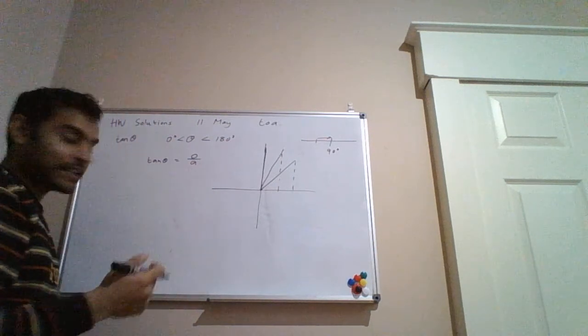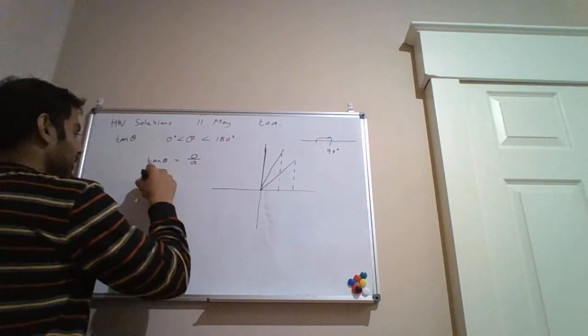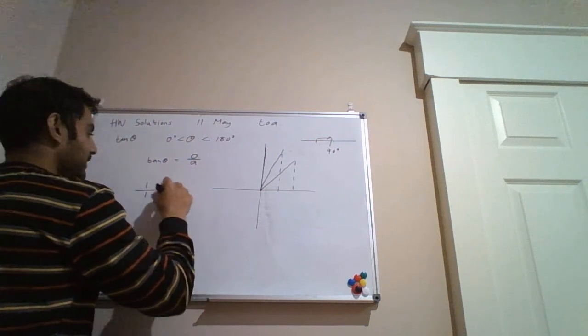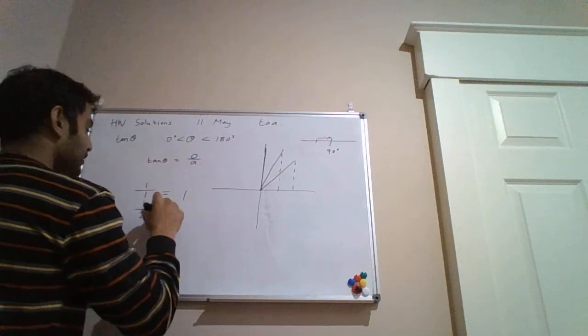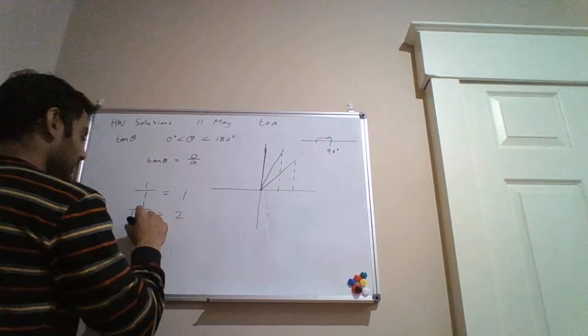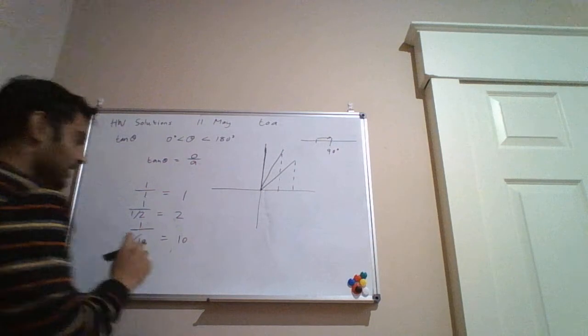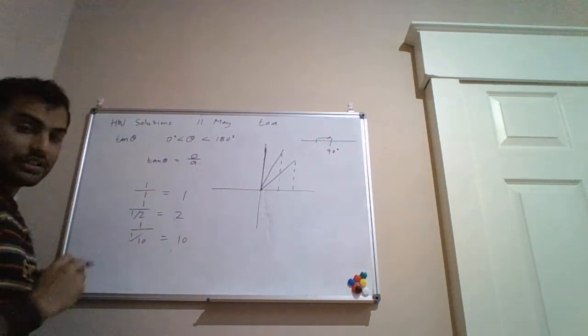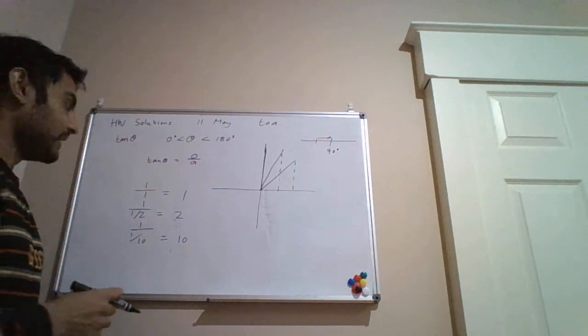Let's check this with some numbers where we make the denominator smaller and smaller. 1 over 1 is equal to 1, 1 over a half equals 2, 1 over a tenth equals 10. So as we make the denominator smaller, the overall fraction gets bigger and bigger.